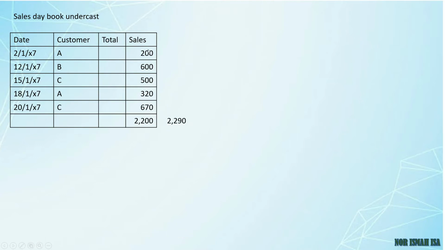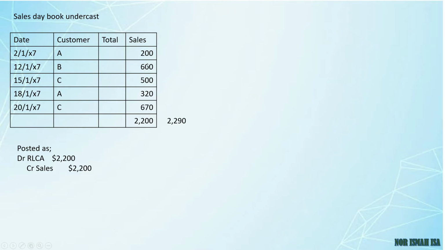But in calculating this column, the clerk wrongly calculated it as 2,200, which is undercast by 90. So the wrong amount, 2,200, has been posted to the receivable ledger control account, and credited to sales as 2,200, whereas in the receivable ledger, each customer has been recorded correctly with this amount.